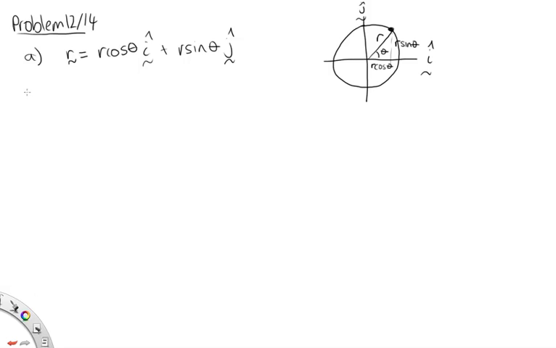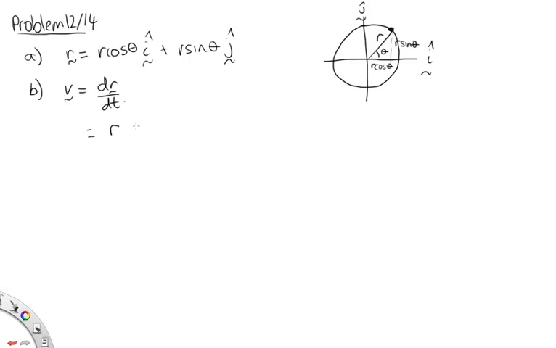In part B, it says use part A to derive the vector expression for the velocity. Okay, so the velocity is given by dr/dt. So all we need to do is take the derivative of this. Now r is constant, the radius isn't changing because this is uniform circular motion, so with time theta is changing, not r. Okay, so let's pull r out as a common factor.